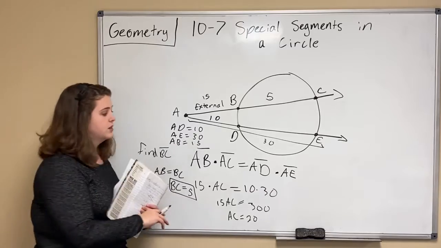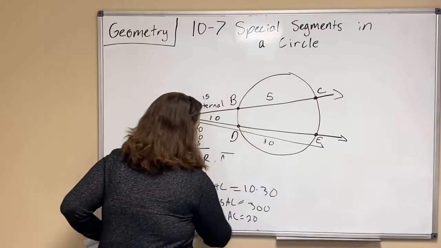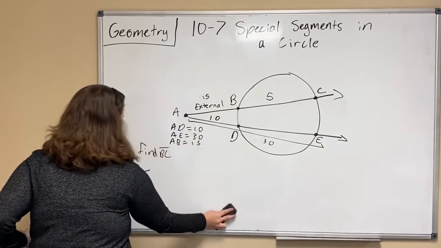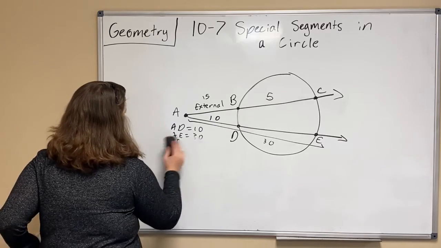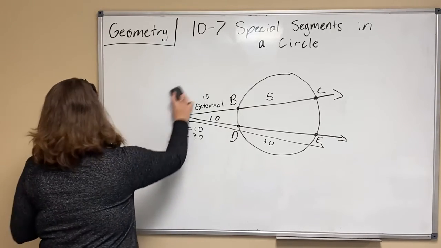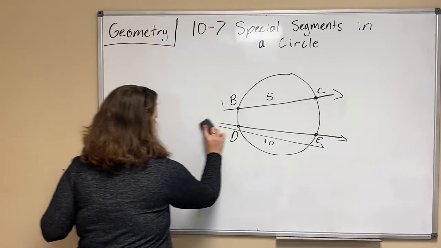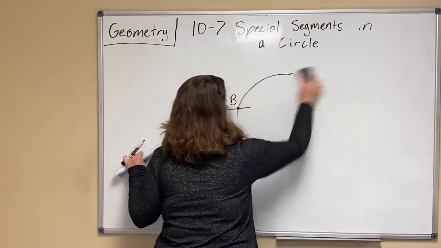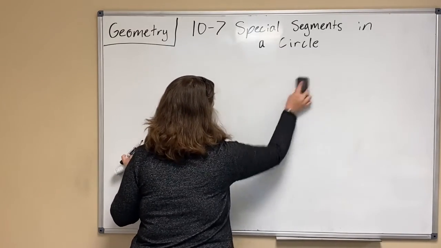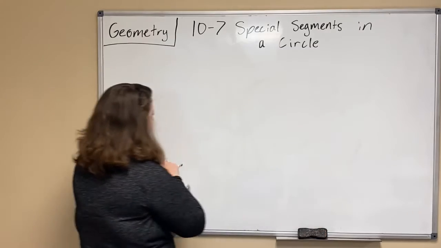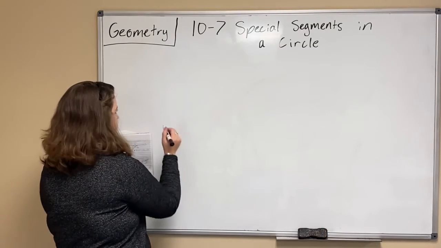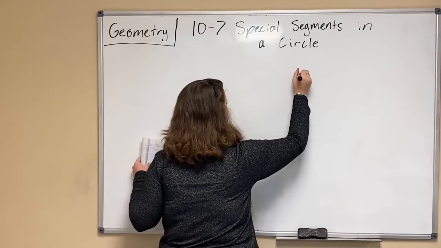All right, one more thing we can know. So we did two chords, and then we did two secants. Now we're going to talk about what happens when a secant and a tangent go through a circle and they intersect outside the circle.